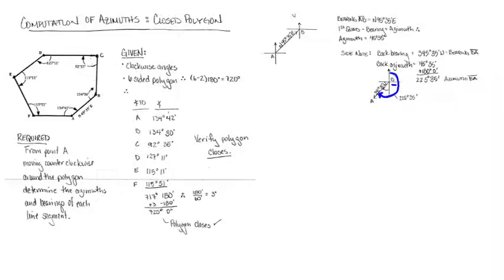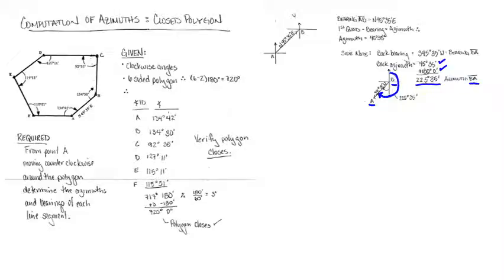So we're going from B to A. So A to B was 45, 35. We want B to A. So we said if the azimuth is less than 180, we add 180. So this angle here from 0 degrees out is going to be 225, 35. So that's our azimuth from B to A.